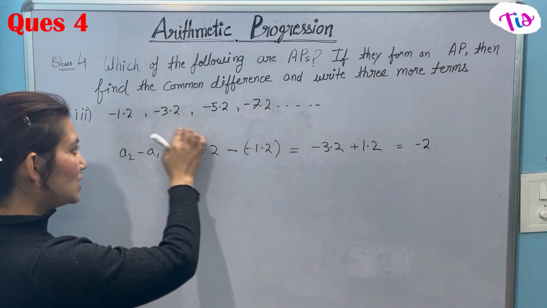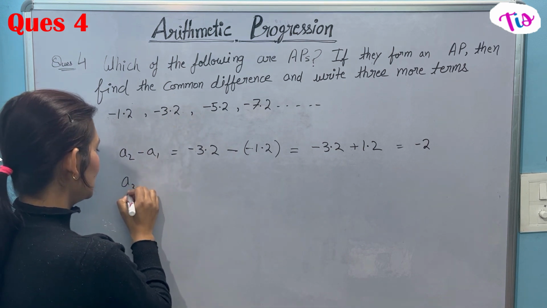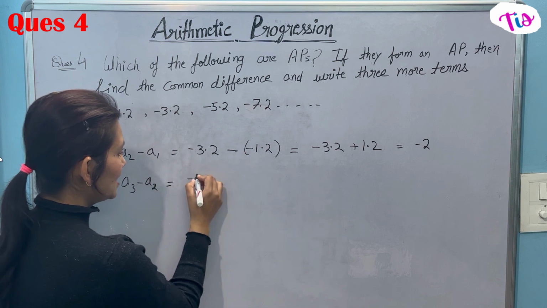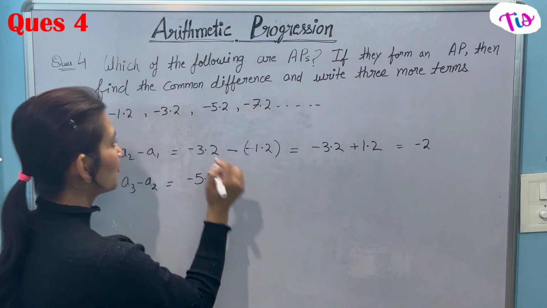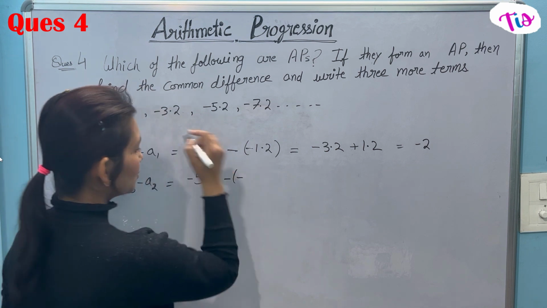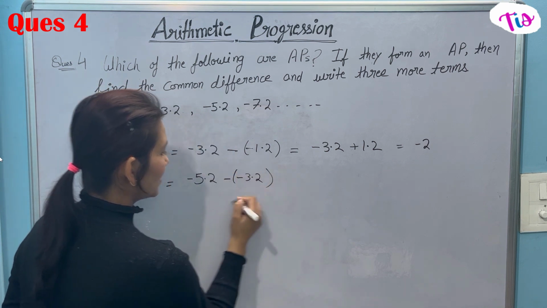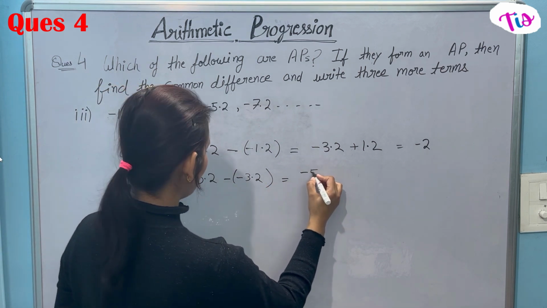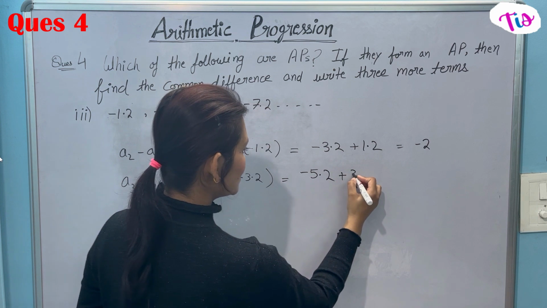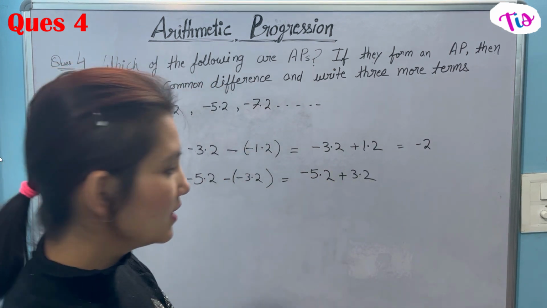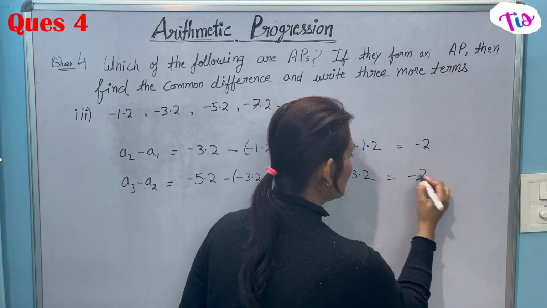Now let's find out a3 minus a2. Again, be careful with the signs. A3 here is minus 5.2 and A2 is minus 3.2. Now again minus will become plus and we'll be left with minus 5.2 plus 3.2, which is again minus 2.